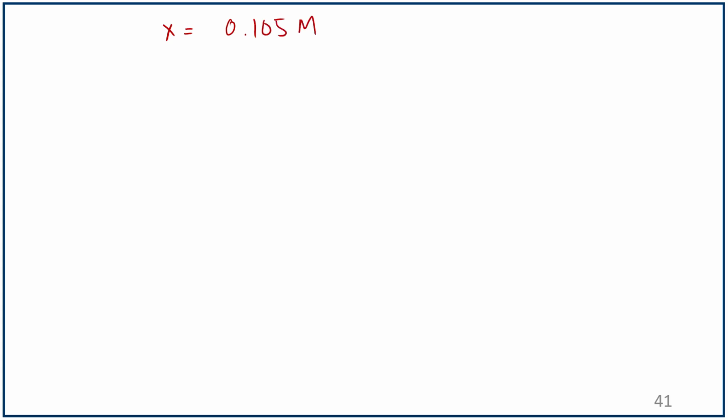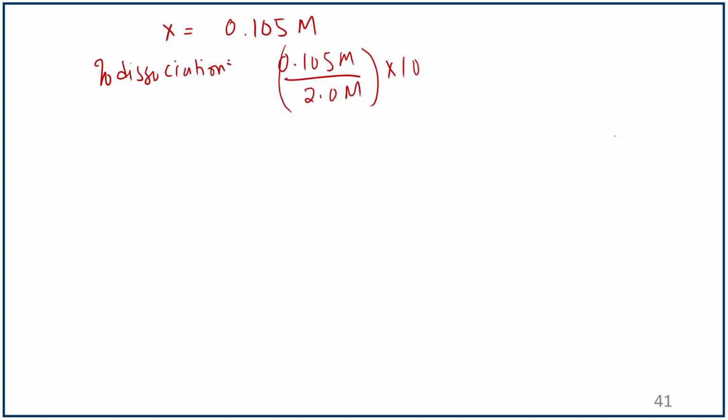Okay. Now, to do the percent dissociation, we just divide that value with the original concentration, 2 molar. So the percent dissociation should just be equal to 0.105 molar divided by 2.0 molar times 100%.